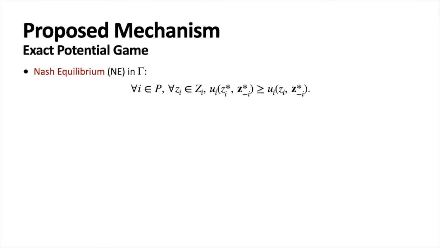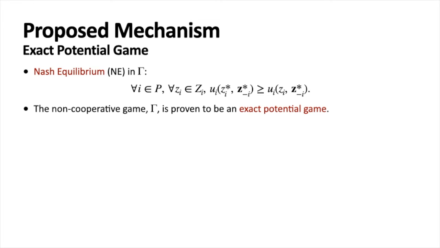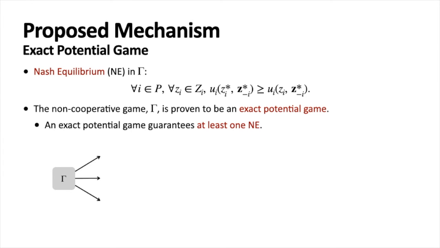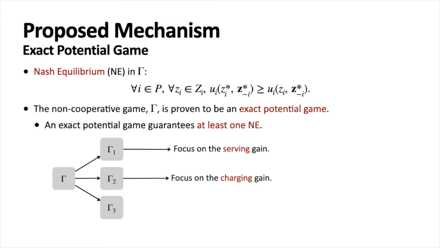In general, we would have to find out if there is a Nash equilibrium in gamma, where no one will change their strategy. But as a substitute, we equated gamma to an exact potential game, where at least one Nash equilibrium exists. Roughly speaking, the idea is as follows. First, the game gamma is divided into 3 subgames, which focus on the serving game, the charging game, and the utility function which solely relies on the battery.